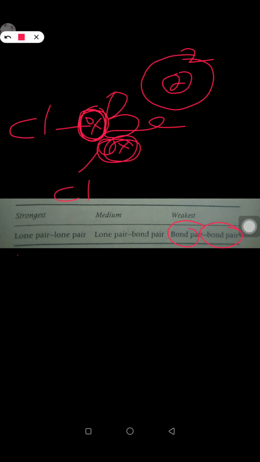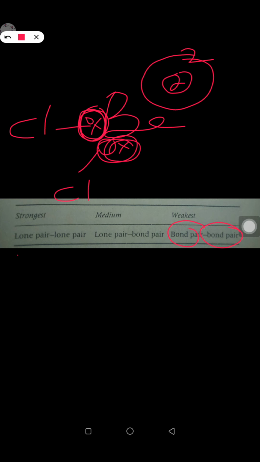They said the shape of a molecule, according to the electron repulsion theory, is the shape that minimizes the repulsion between the bonding and the lone pair of electrons.